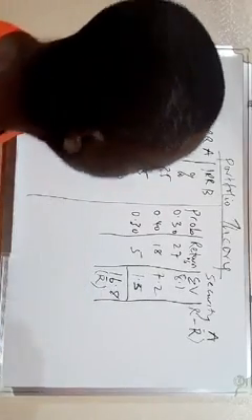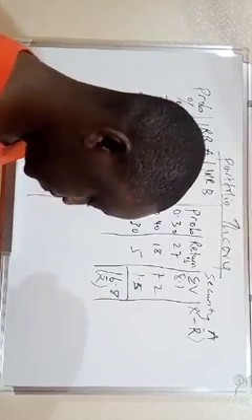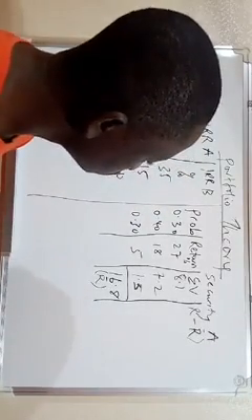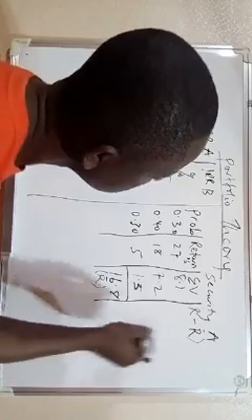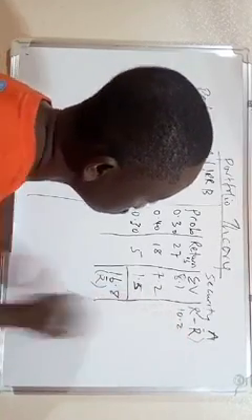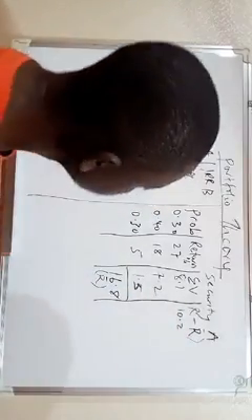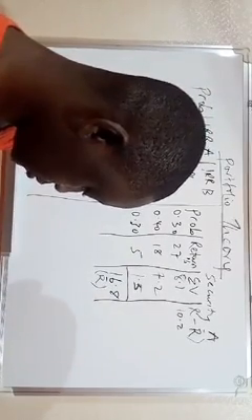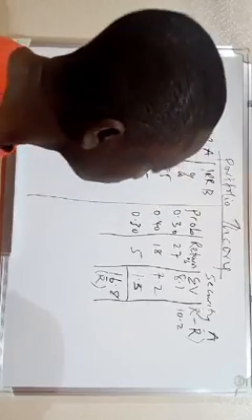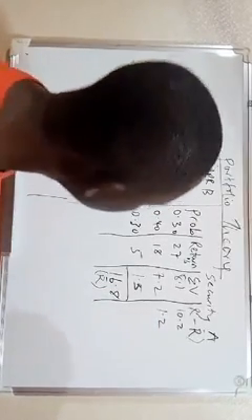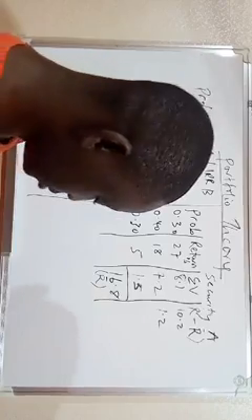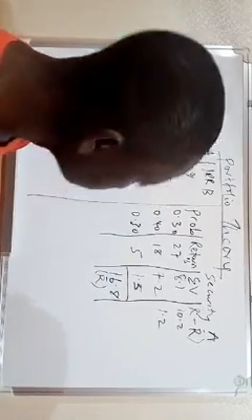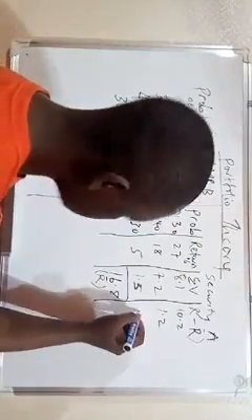So 27 minus 16.8, you have 10.2. 18 minus 16.8, you have 1.2. 5 minus 16.8, you have minus 11.8.